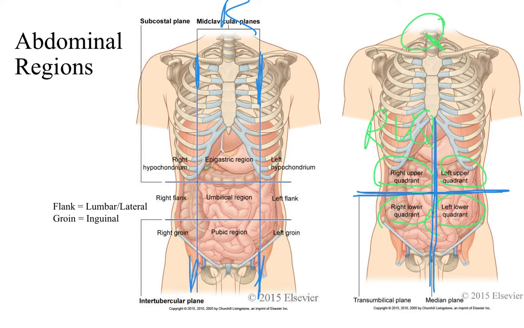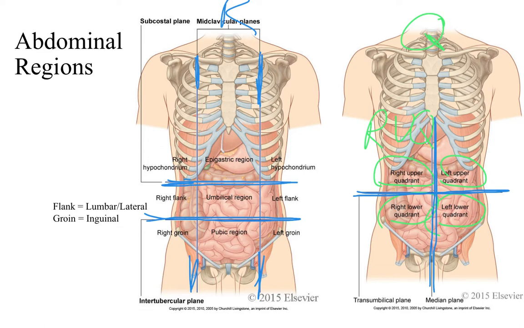And then we have what we call the intertubercular plane, and it's called intertubercular because it passes along the iliac tubercles. And we'll see what those are later on. And then the subcostal plane. Notice that is a plane right underneath the 10th rib there.